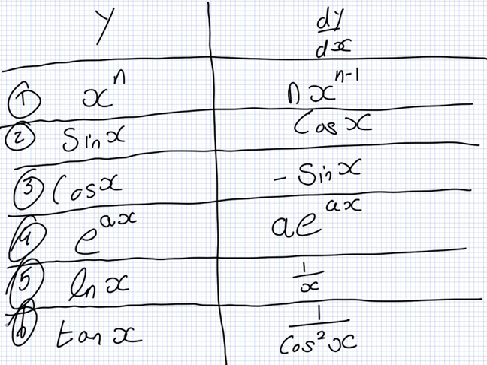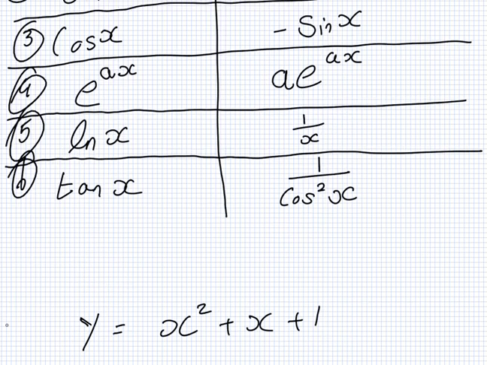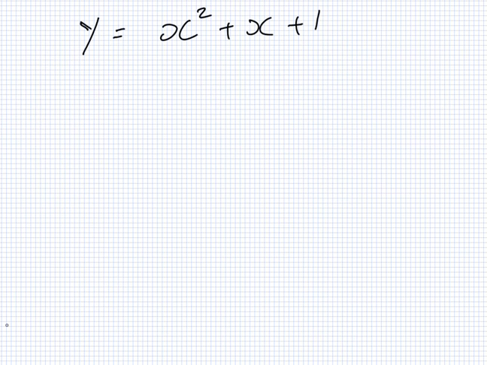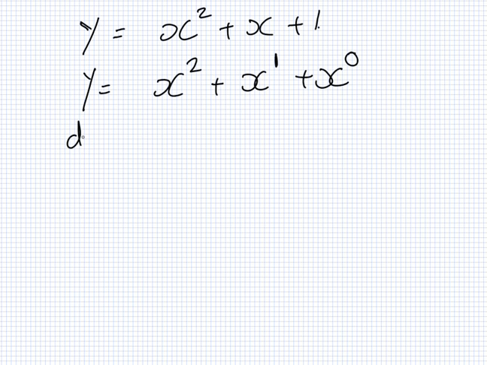Just the first one. So what we need to do is change all of these into powers. So this is y equals x squared plus x power 1 here, and then what would this be as an x with power? 0.